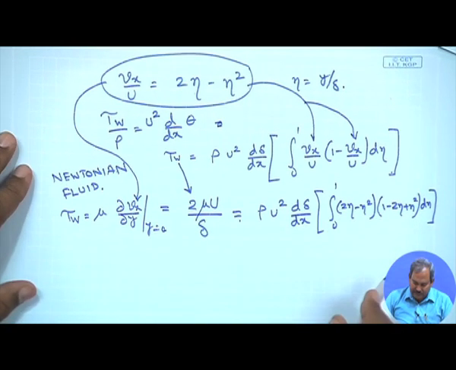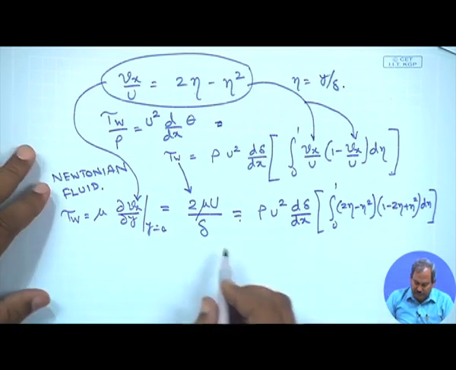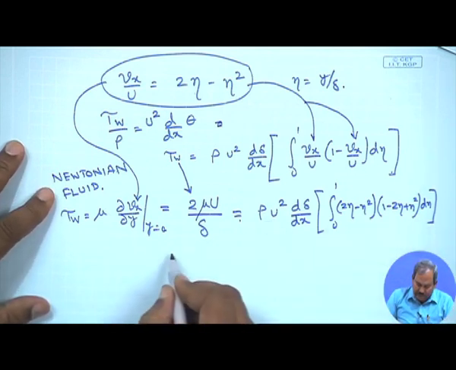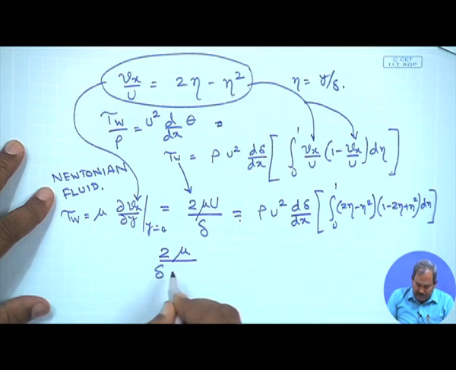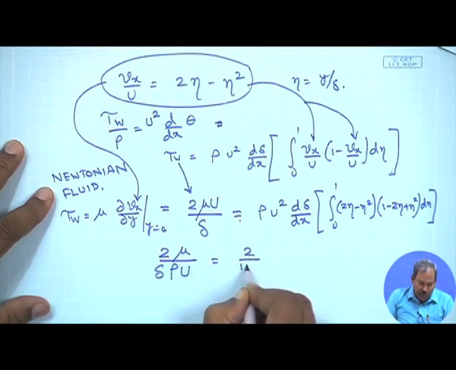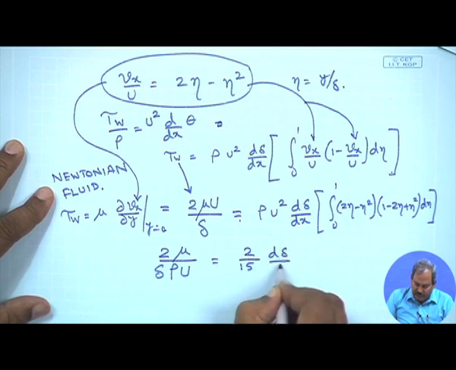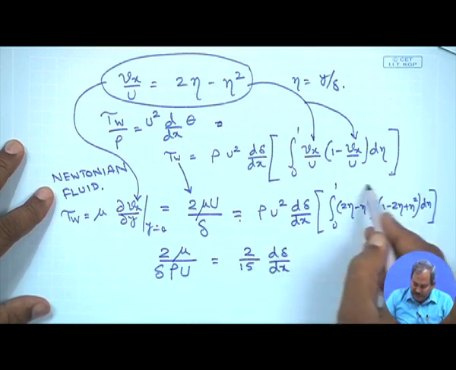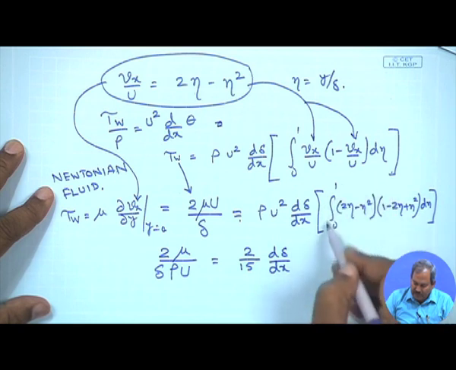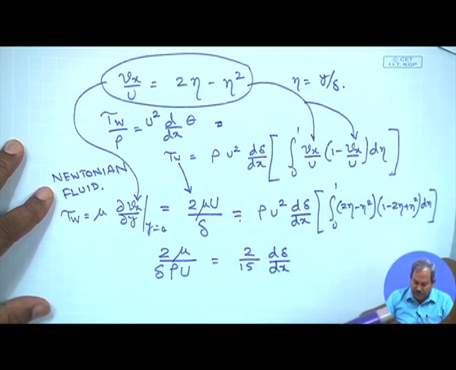Perform this integration. I will not do it over here, but what you would get is simply 2 mu by delta rho u is equal to 2 by 15 d delta dx. Remember, since this is a definite integral, you are just going to get a constant, which turns out to be equal to 2 by 15.